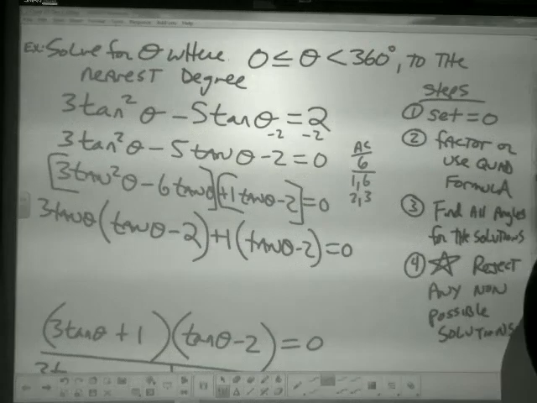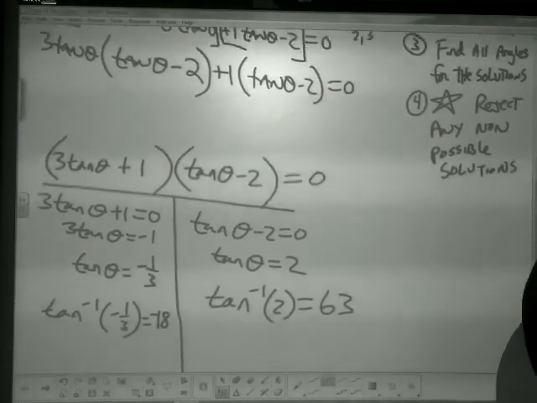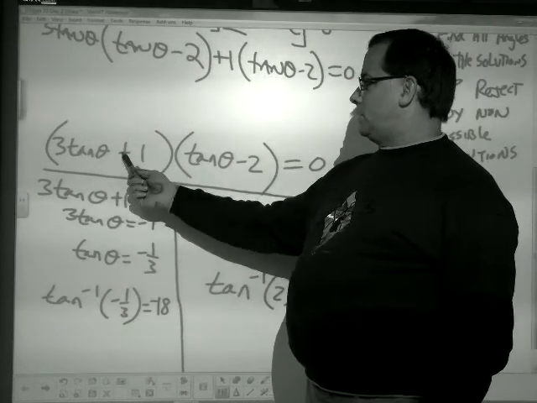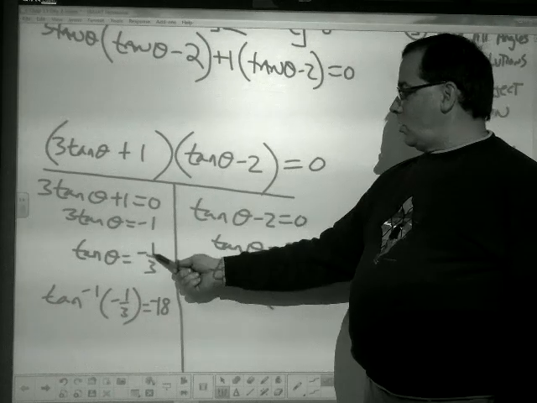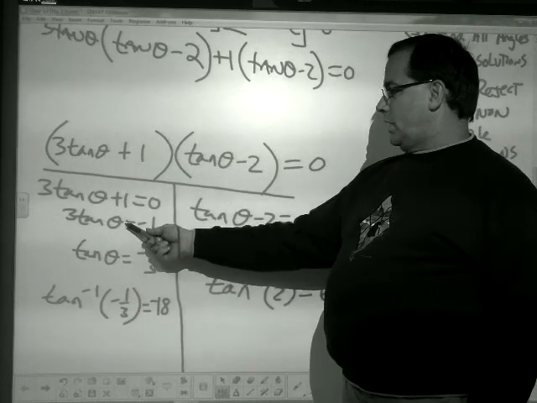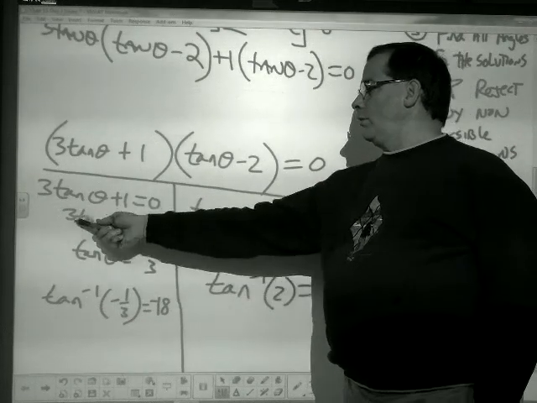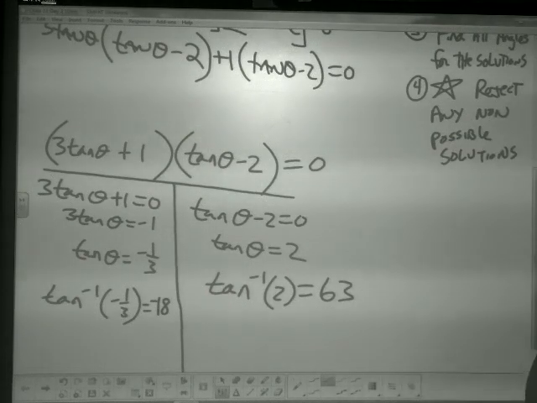So this is just solving quadratics like before. We set each of these pieces equal to 0. So 3 tan theta plus 1 is 0, tan theta minus 2 is 0. And then I solve. Tan theta is a negative 1/3 by subtracting 1 and dividing by 3. Here I'm going to add 2, so tan theta is 2.